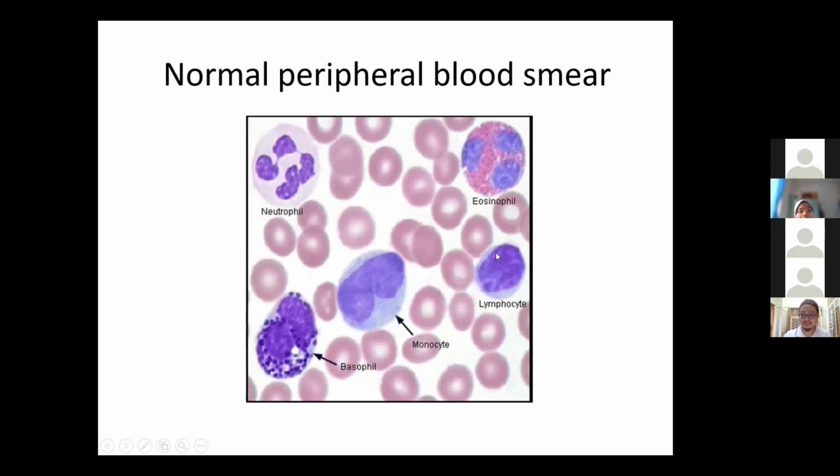The lymphocyte has a nucleus which covers more than two thirds of the cytoplasm. The monocyte is again a big cell with a big area of nucleus as well, and then the basophil, with 1, 2 segmentation of the lobe and granulation also appearing. So neutrophil, eosinophil, and then basophil.